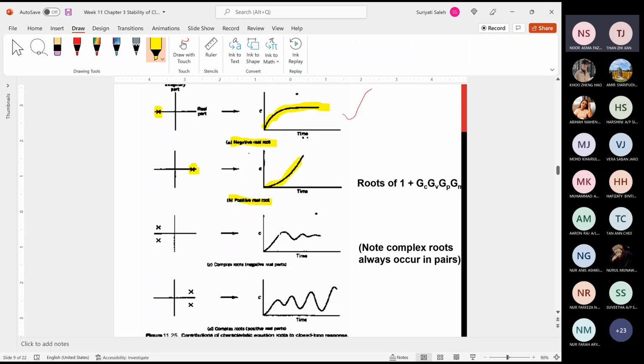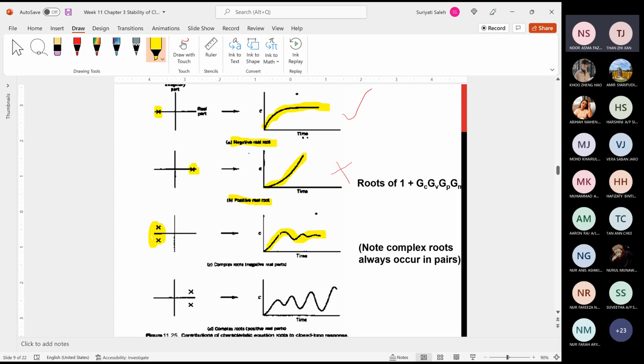This gives a transfer function that is unstable, which we don't want. In some cases, you may get complex numbers. When you have a negative complex number, it will be located on the left hand side. Then you still get the stable response, but oscillatory.